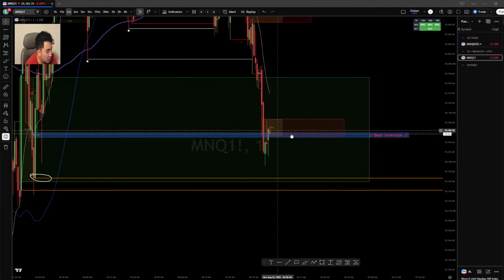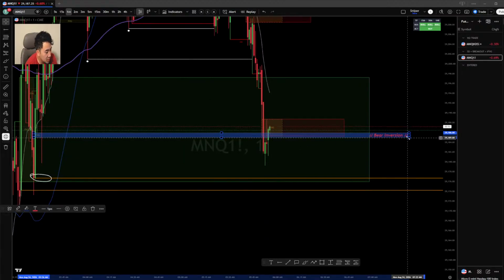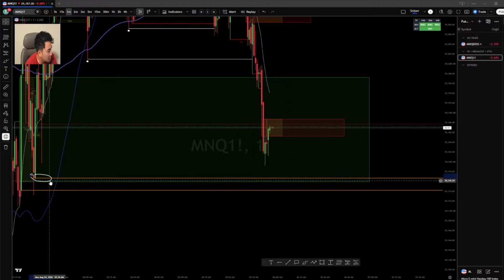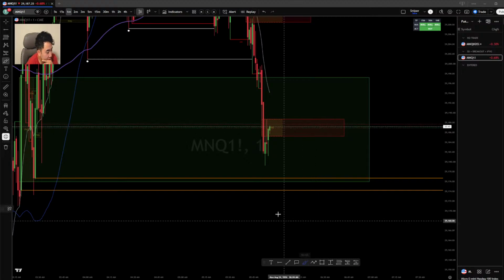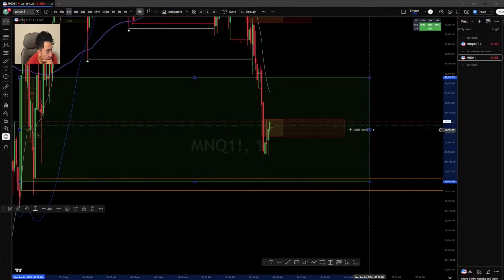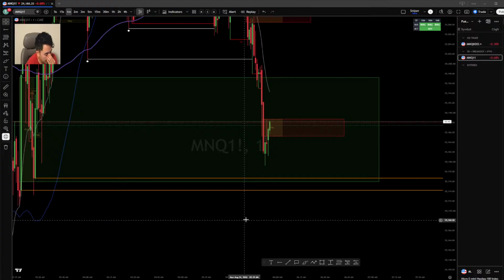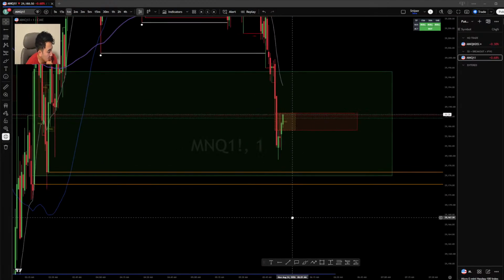The green candle closed over this bearish inversion, so this bearish inversion zone is no longer good. So we'll delete that there. Let's see what price wants to do, if it wants to continue downwards, and then we could possibly use this bullish gap that flips to become a bearish inversion to continue downwards here.